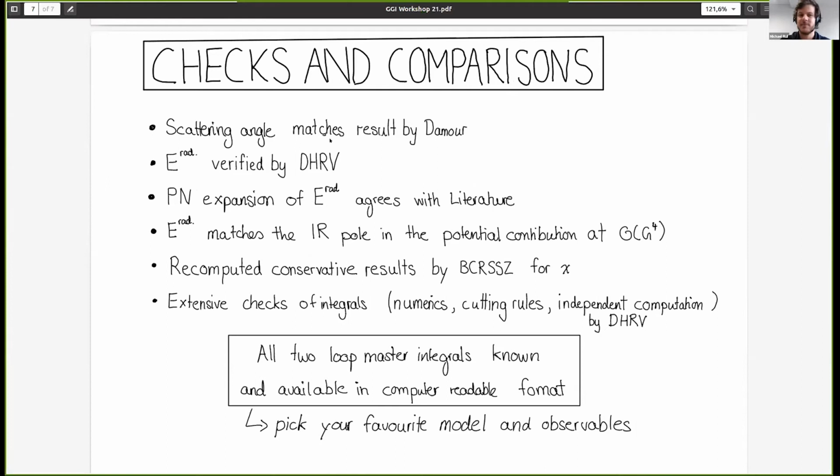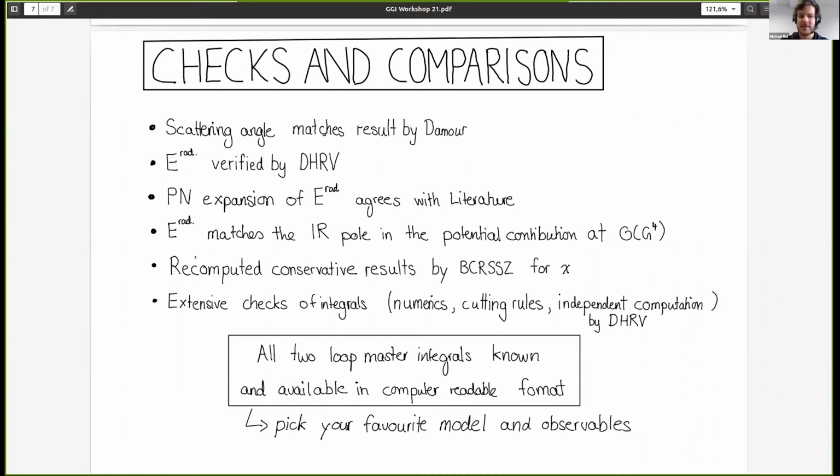We did many more checks on our results. So first of all, the scattering angle was known before, and it agrees with a result by Damour. The radiative energy was later verified by Di Vecchia, Heissenberg, Russo, and Veneziano. The PN expansion, as I said, also agrees with the literature.